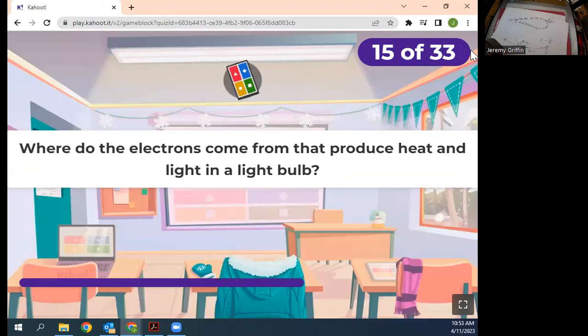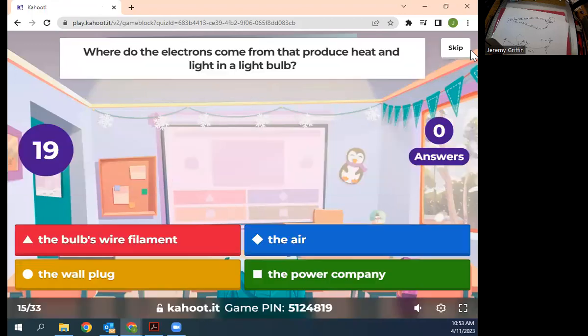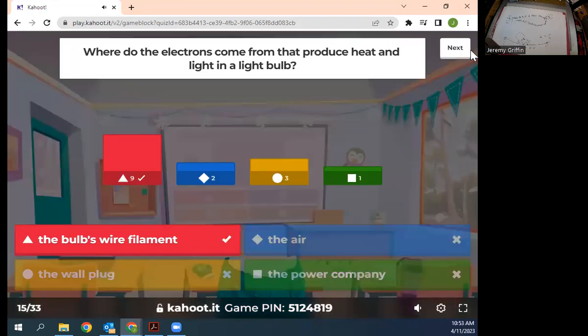Where do the electrons come from that produce heat and light in a light bulb? Ooh, in a light bulb. Yep, the bulb's wire filament is the best answer.